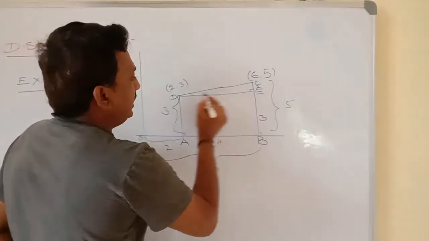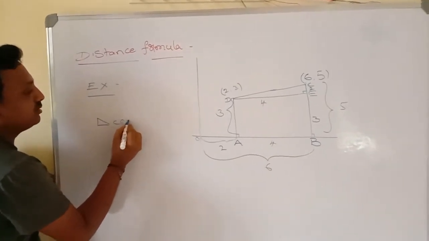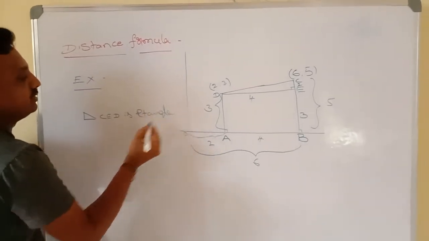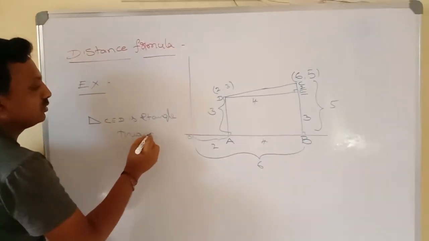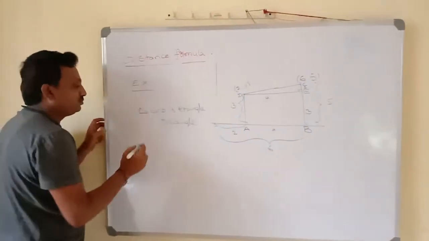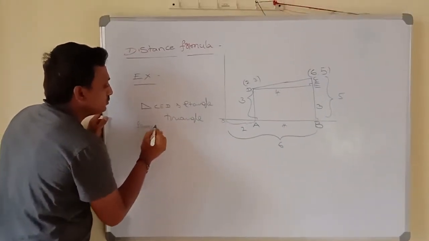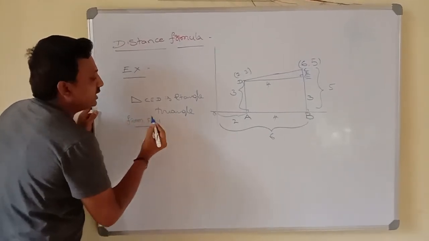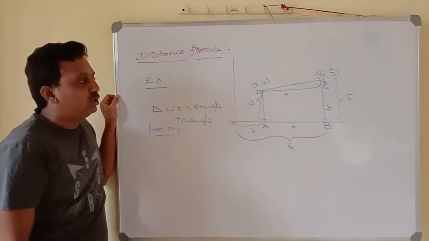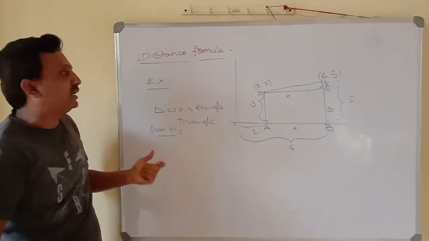You observe that triangle CED is a right angle triangle. So from the Pythagoras theorem, the square of the hypotenuse is equal to the sum of the squares of the other two sides. We know the statement of the Pythagoras theorem.